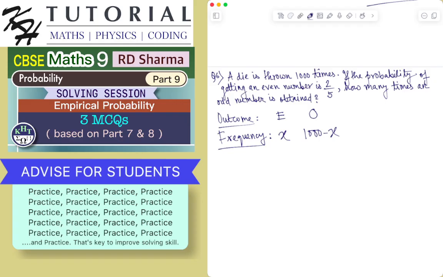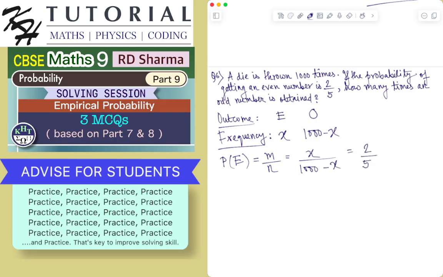So now what is the probability that in a single throw the die showed up an even number, which is probability of E, based on the empirical formula small m by small n. It will be x by 1000 minus x, and this is given to be 2 by 5.